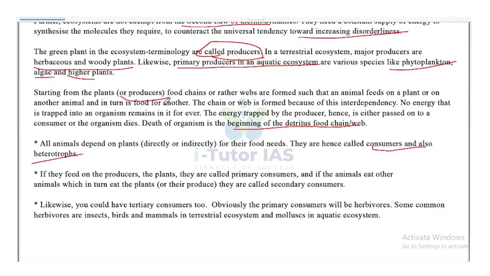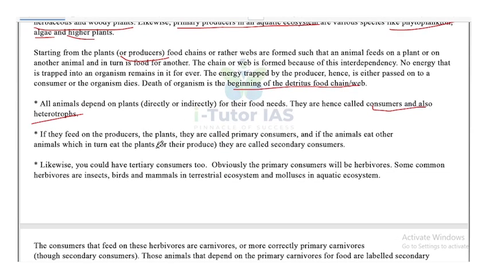If animals feed on the producers, that is the plants, they are known as primary consumers. And if animals eat other animals, which in turn eat the plants, they are known as secondary consumers. So consumers can be divided in various ways.